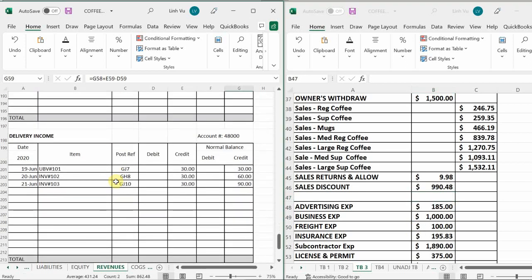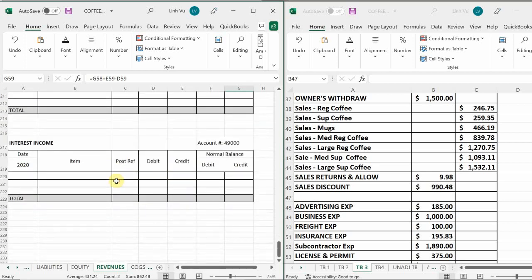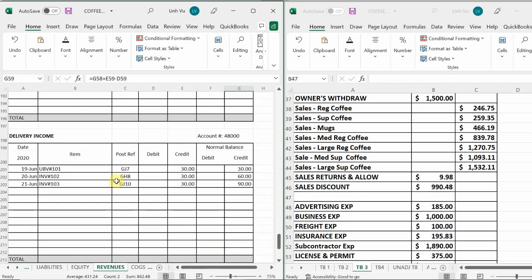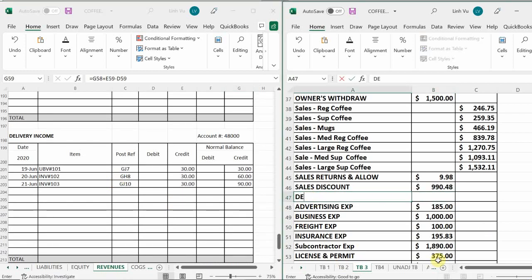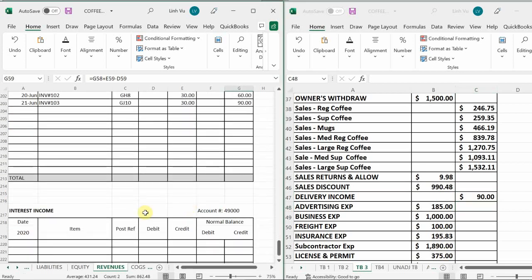Okay. And then I have some delivery income. That will be my last account because I have no interest income. So delivery income, how much did I earn? 90 credit. Good. So that's all of my sales.